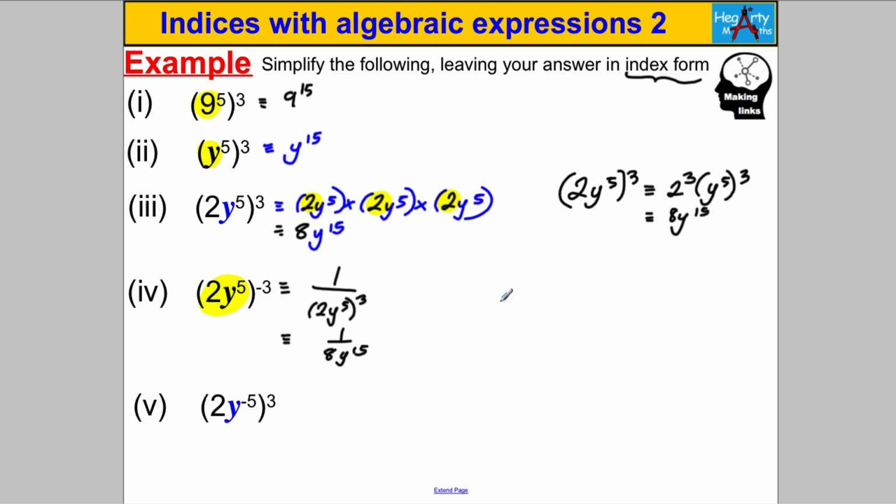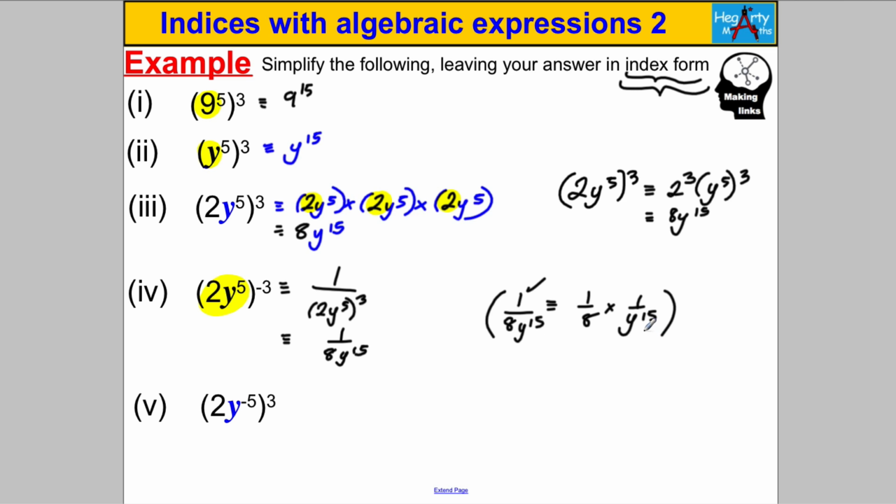Now this is where it gets a tiny bit tricky. If that's an answer, they're definitely right. It's just the question told us to write it in index form. Now I just have to go off to the side here. 1 over 8y to the 15. I could break that out into 1 over 8 multiplied by 1 over y to the 15. Because I know that when I multiply fractions, 1 times 1 would give me that 1.